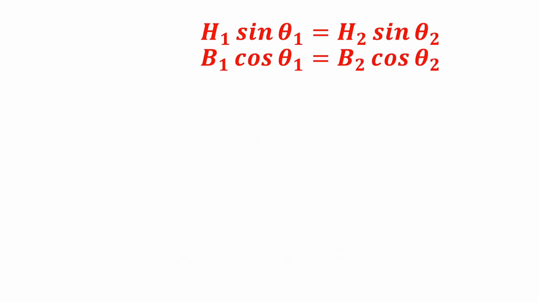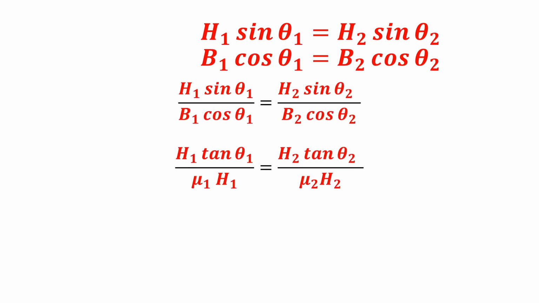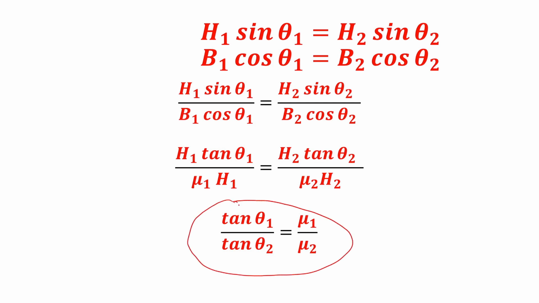Now, if I divide equation 1 by equation 2, then I can say that tan theta 1 by tan theta 2 is equal to mu1 by mu2. We obtained a similar relation in terms of electric field intensities also, with epsilon 1 and epsilon 2.